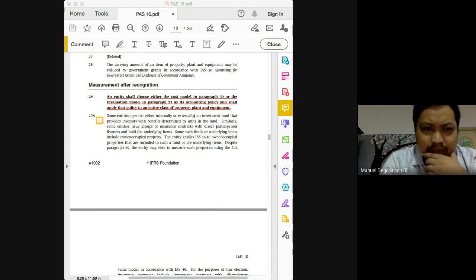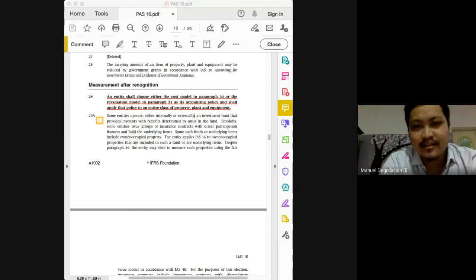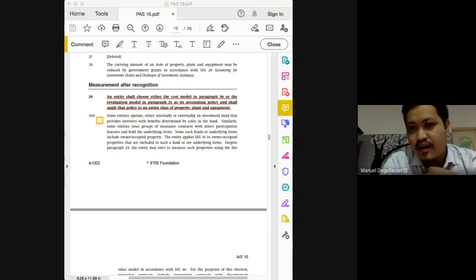Okay. Another possible takeaway here, class, is that the use of the cost model and revaluation model is an accounting policy. Okay. So if ever you would be asked, the entity change from cost model to revaluation model, then you will have to recall your learnings from PAS 8 class, the rule on accounting changes, on changes in accounting estimates and prior period errors.